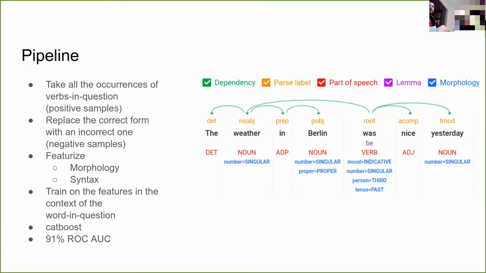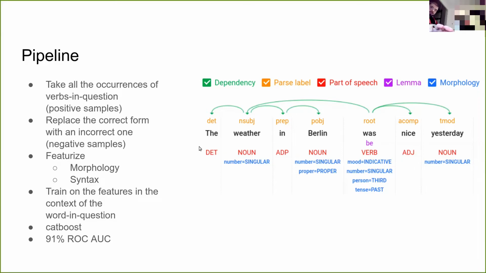Then we featurize, and the features we use are morphology and syntax. Here I used an image from Google Cloud NLP solutions, which performs the very same task. For each word in our sentence, we can obtain a number of morphological and syntax features.